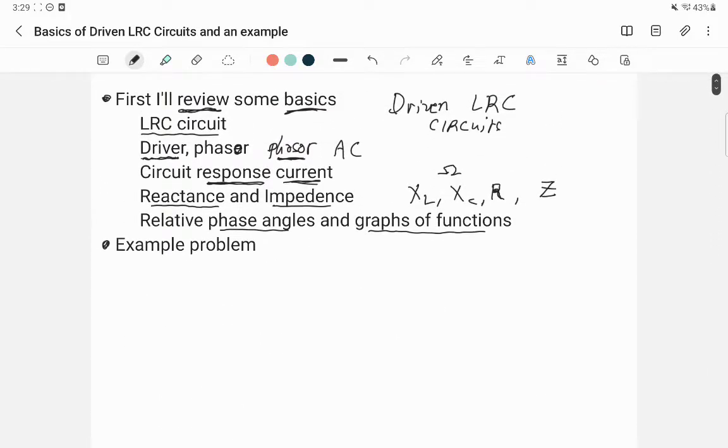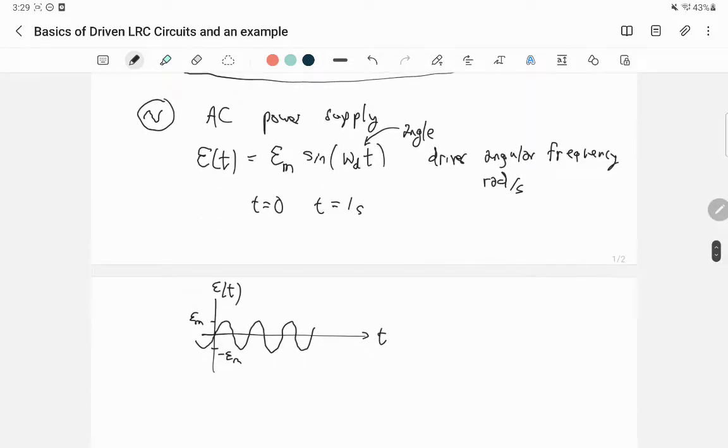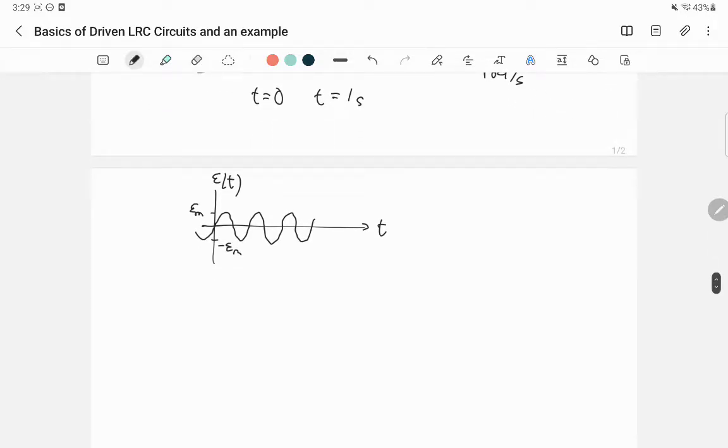So in our list, I was going to describe the driver, and then I was going to describe a phasor diagram of the driver. So this function right here is our driver function. And I'm going to describe what this looks like. I can represent the value of the voltage as something of a clock hand, where I have an arrow that's called the phasor, and it's got an angle that references the horizontal axis.